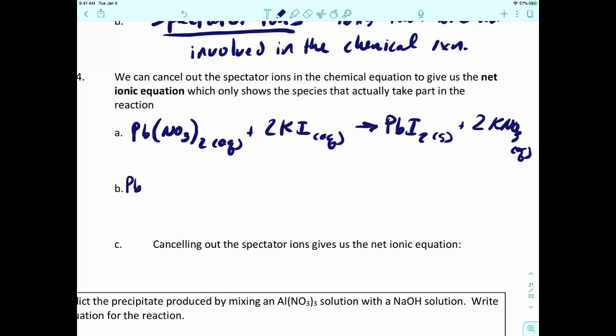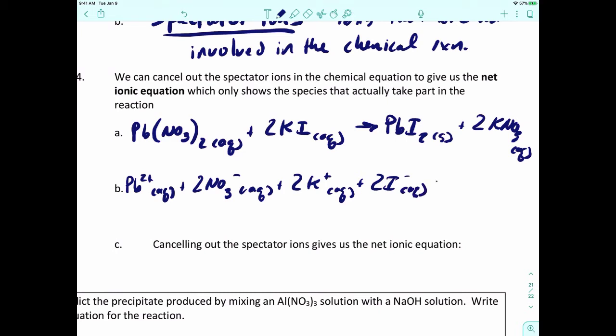So you've got Pb2+ plus 2 moles of NO3- aqueous, plus 2 moles of K+ aqueous, plus 2 moles of I- aqueous, yields PbI2 solid, plus 2 moles of K+ aqueous, plus 2 moles of NO3- aqueous.